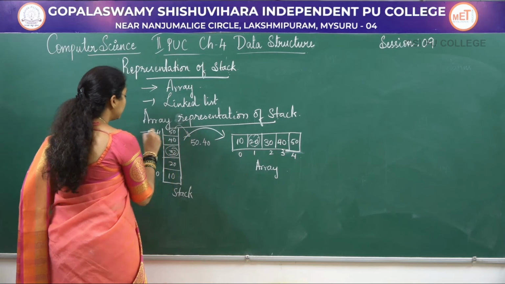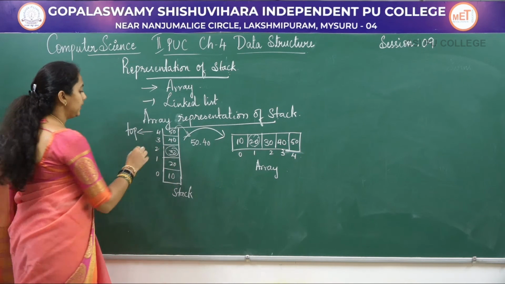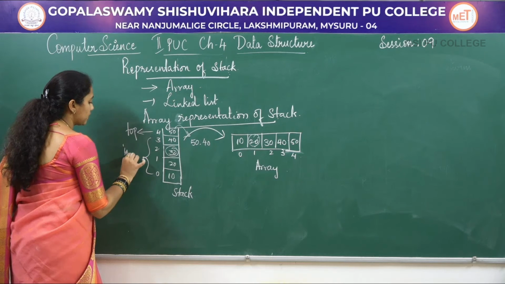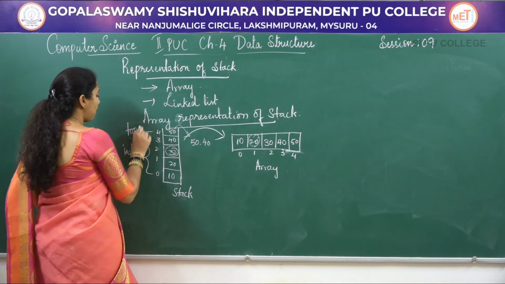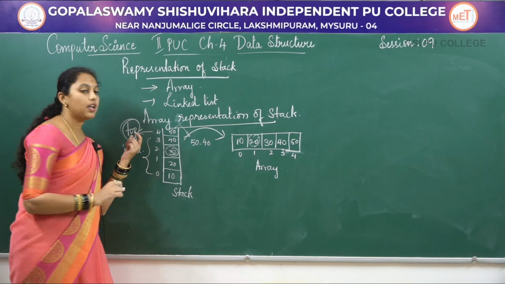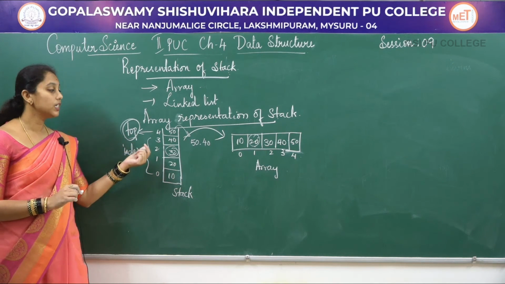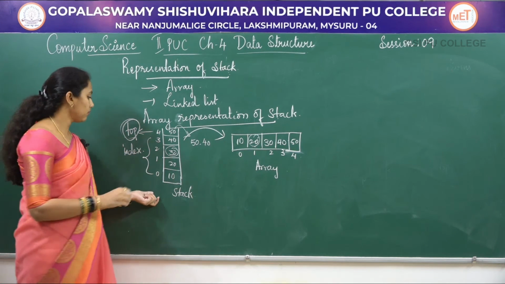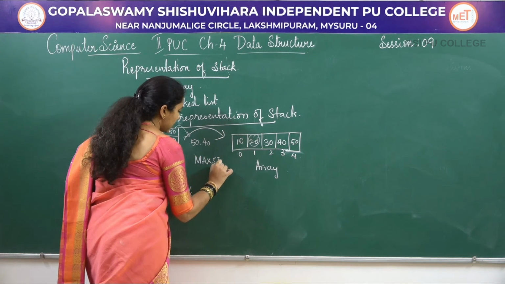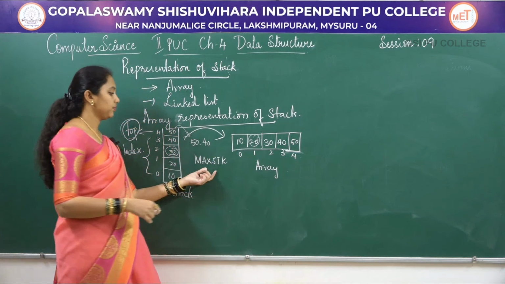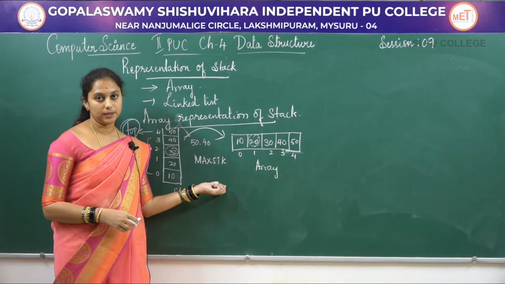So this is the top position of the stack, and these are all the indexes of the stack. The top pointer represents the location of the top element of the stack, and max stack represents the maximum number of elements in the stack.